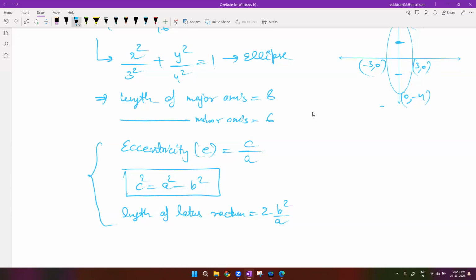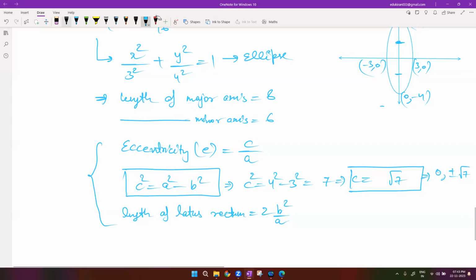These things we need to know about an ellipse. So for example, for this ellipse which we have written, before eccentricity we need to calculate C. C square is equal to 4 square minus 3 square, which will be 7. It means that C is plus minus root 7. Or you can also take C as root 7 only, because we will compensate for the negative in the formula. So your focus will be 0 comma plus minus root 7, or plus minus root 7 comma 0.